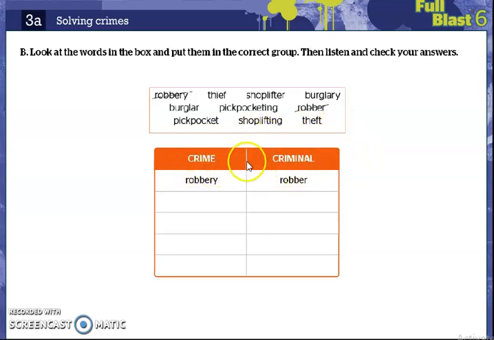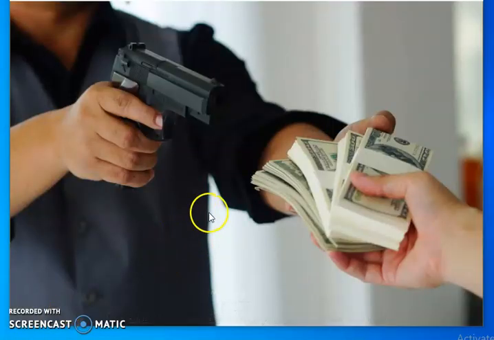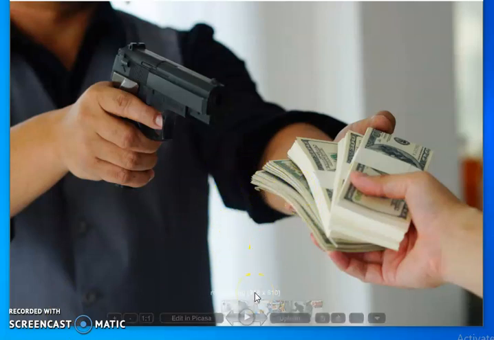Okay? The first word is robbery, and it means the act of taking money or things that don't belong to you from a person or place using force.